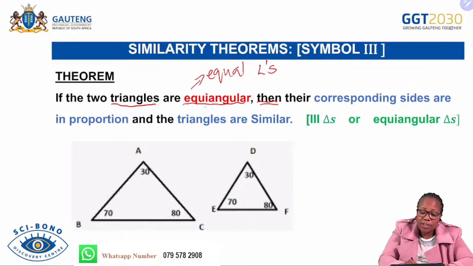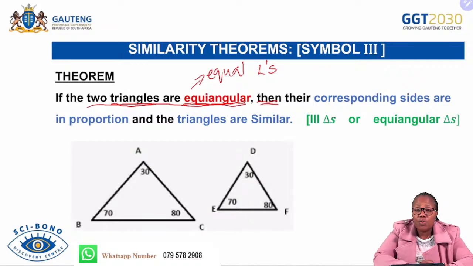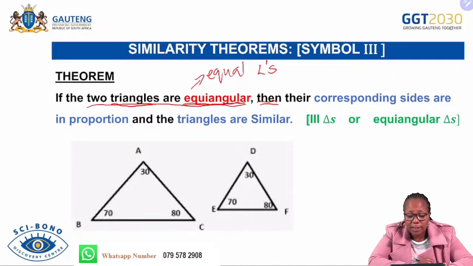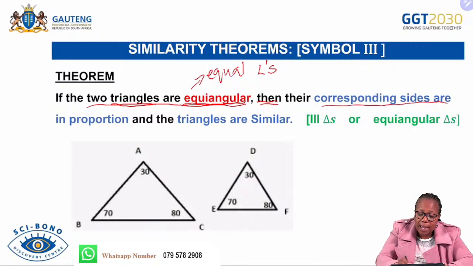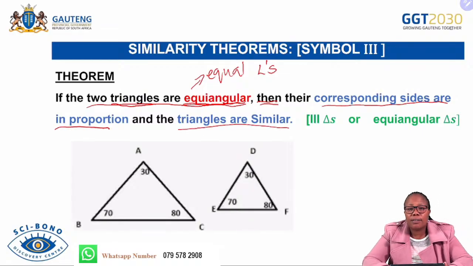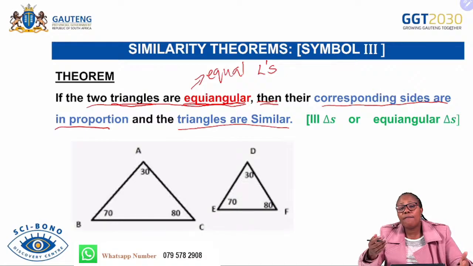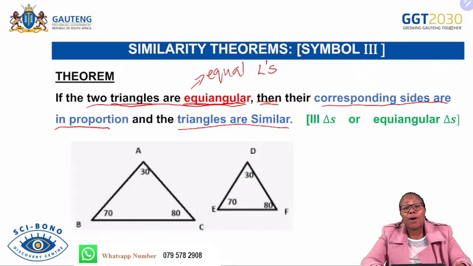That means now this is the given statement that the two triangles are equiangular. They have equal angles. If that is the case, grade 12, therefore you can conclude that the corresponding sides are in proportion, therefore the two triangles are similar.